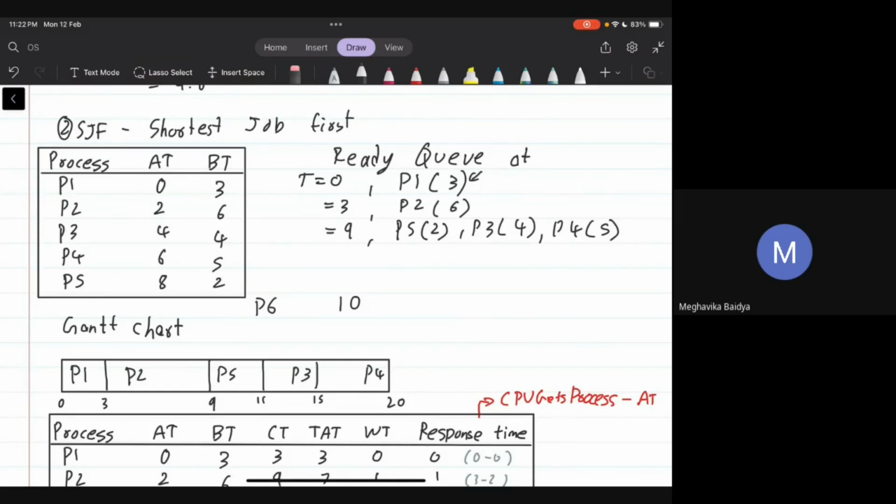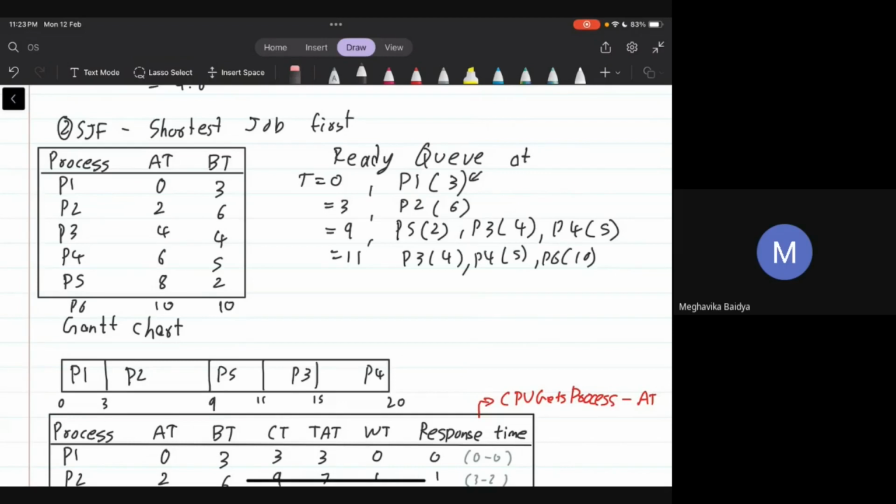Acha. So if the arrival time is 10, I'll just write it better. Suppose P6 has arrival time 10, and suppose the burst time is also 10. It takes the longest. So what happens now? Here P5 is taking 2 seconds, so 9 plus 2 is 11. At t equals 11, you will see you have P3 of 4, P4 of 5, and then P6 of 10.